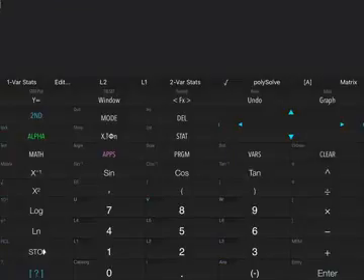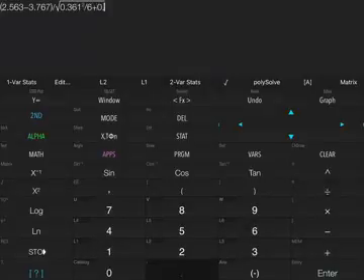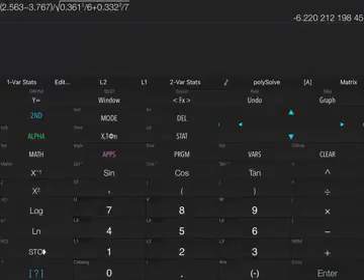So we have 2.563 minus 3.767 divided by the square root of 0.361 squared divided by 6 plus 0.332 squared divided by 7.